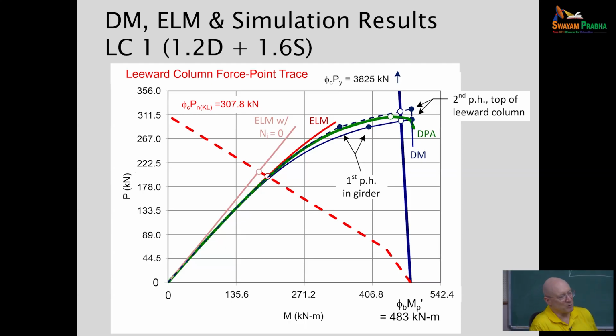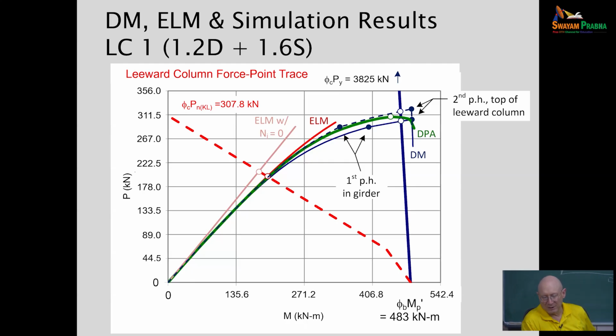And so those are a good approximation of what we get for the strength of the cross section. MASTAN is using a different approximation for that strength, which is a smooth curve or a smooth surface. And so that's why those points are outside. MASTAN's representation of the plastic strength at the plastic hinge is slightly different.